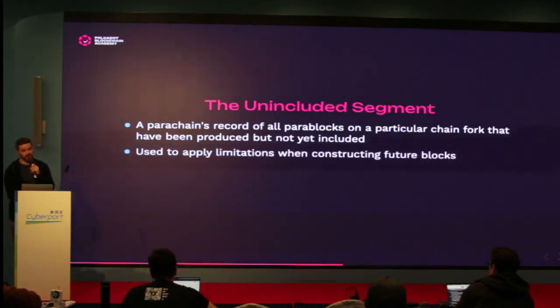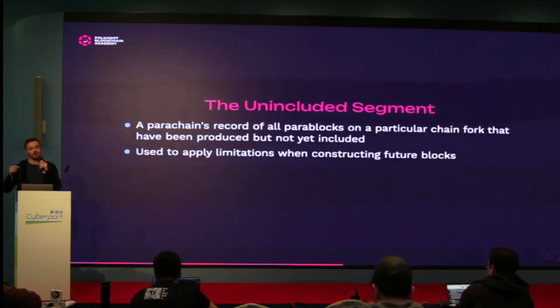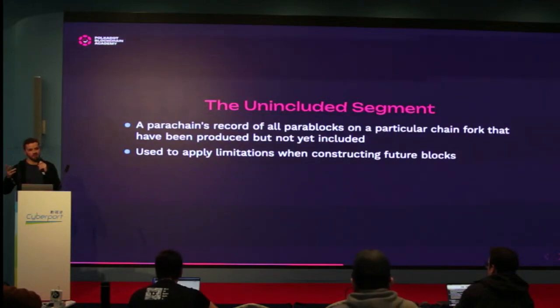Now, this unincluded segment is used to apply limitations when constructing future blocks. One example of such a limitation would be with upward messages that a parachain is passing to the relay chain. If we exceeded some maximum message queue length, then the relay chain would start dropping any additional messages that we try to send to it.